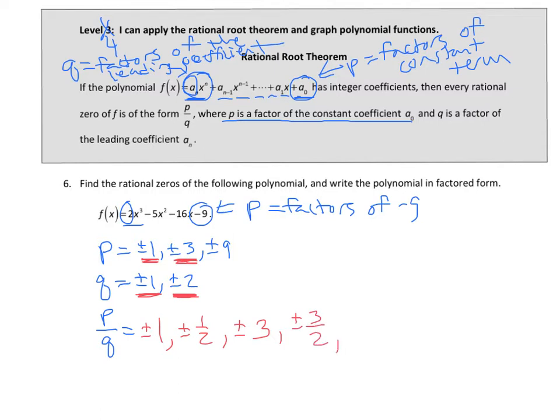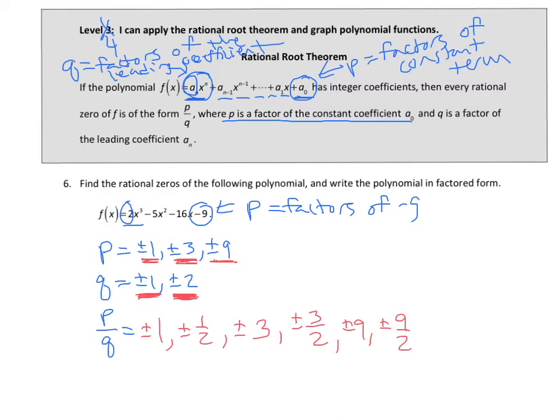Then plus or minus 9 over plus or minus 1, which is plus or minus 9, and plus or minus 9 over plus or minus 2, which is plus or minus 9 over 2. Now we've made a list of numbers, and these are the only numbers that would be rational zeros for this polynomial.